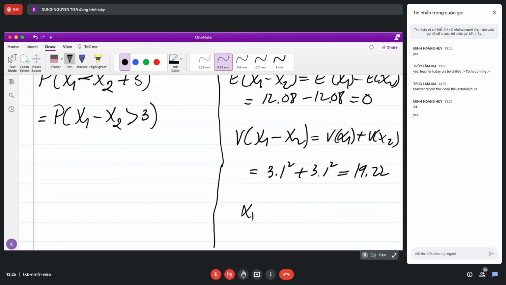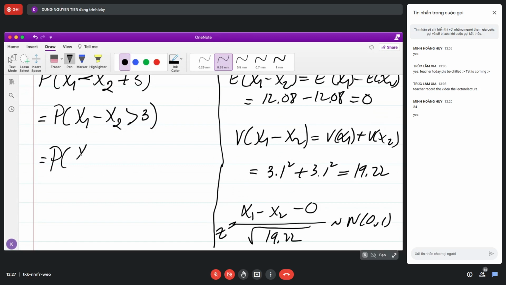Therefore, I can say that x1 minus x2 minus 0, just standardize that, divided by the square root of 19.22, should follow the standard normal distribution. And then I denote this one by z again, and that will give you the probability that x1 minus x2 minus 0 over the square root of 19.22 is greater than 3 minus 0 over the square root of 19.22.